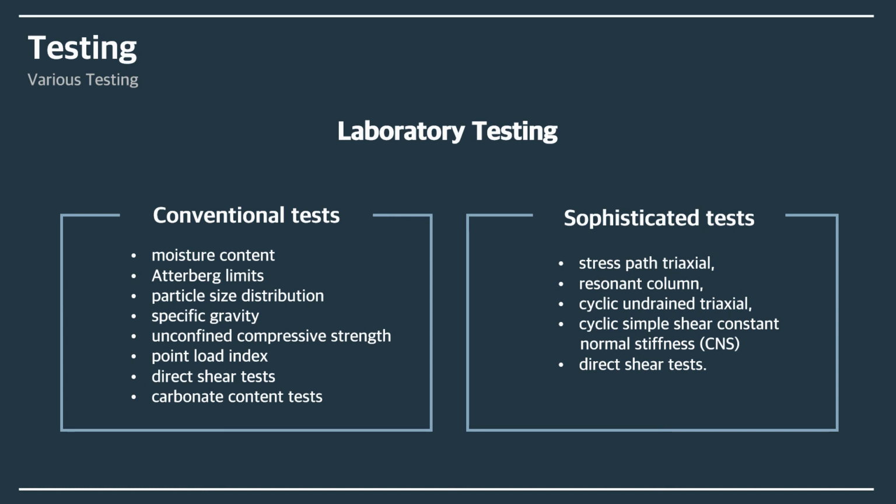Second, sophisticated tests, including stress path triaxial, resonant column, cyclic undrained triaxial, CNS, and direct shear test. These tests were undertaken by a variety of commercial, research, and university laboratories in the UK, Denmark, and Australia.